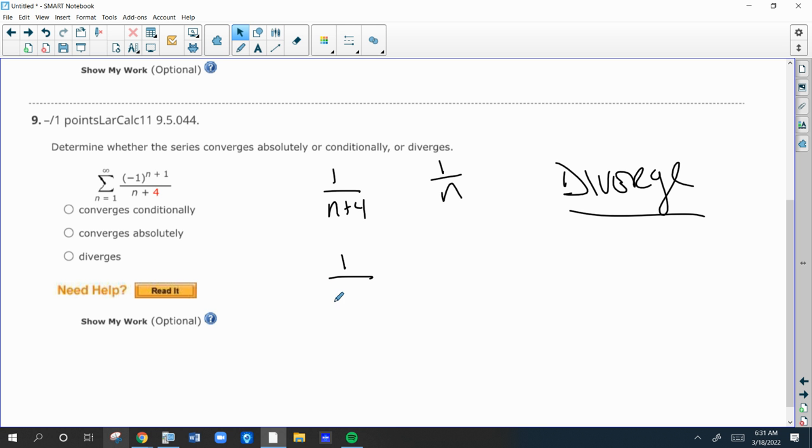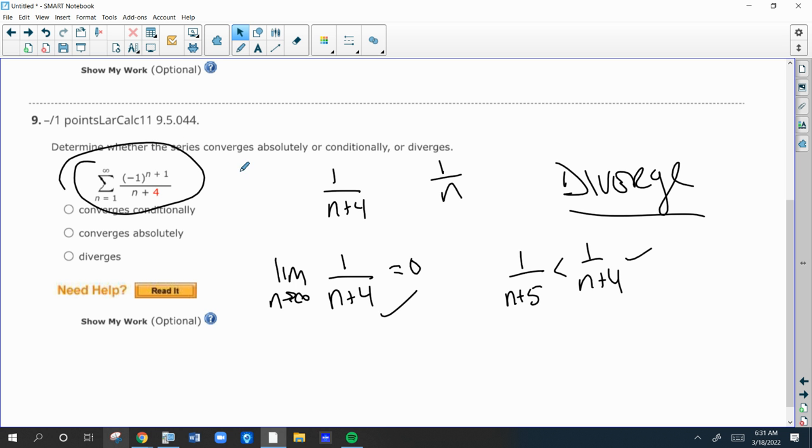So I go back to this alternating series test where the limit must be 0, which it is, and the n plus first term must be less than the nth term, which it is. So true, true. That means this alternating series converges.